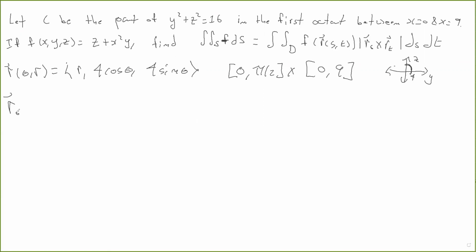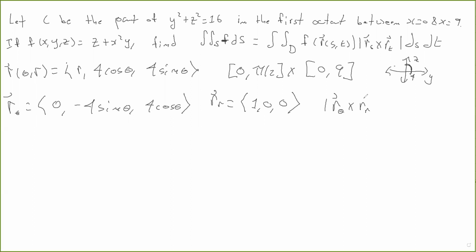So r_theta is equal to (0, minus 4 sine theta, 4 cosine theta). r_r is equal to (1, 0, 0). And I will let you check this, but the magnitude of r_theta cross r_r is equal to 4.